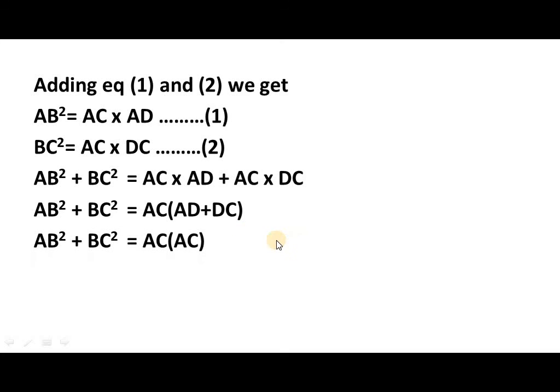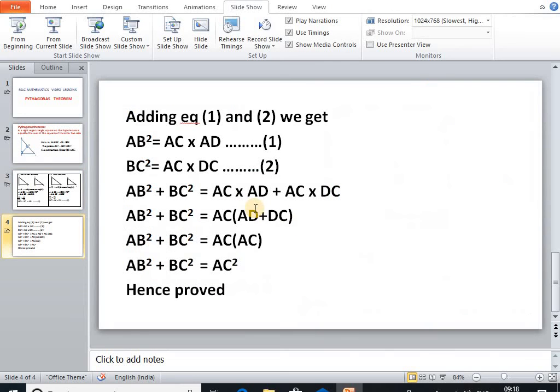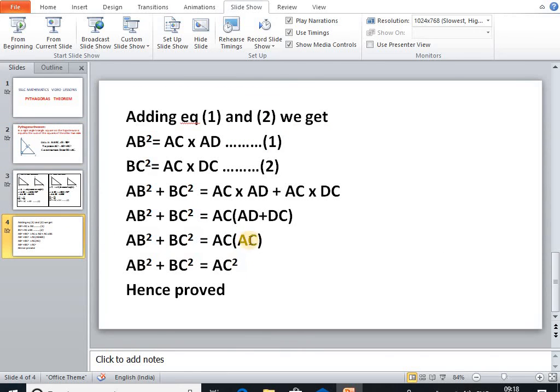If you add AD plus DC in the triangle, you will get AC. So AD plus DC is equal to AC.